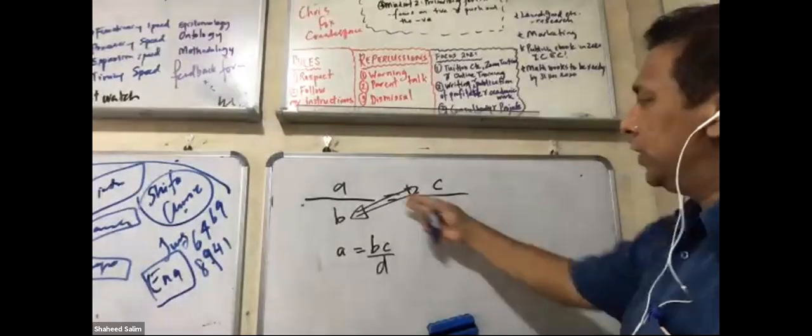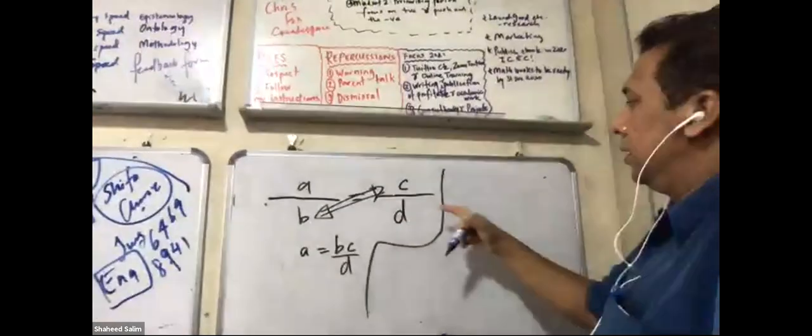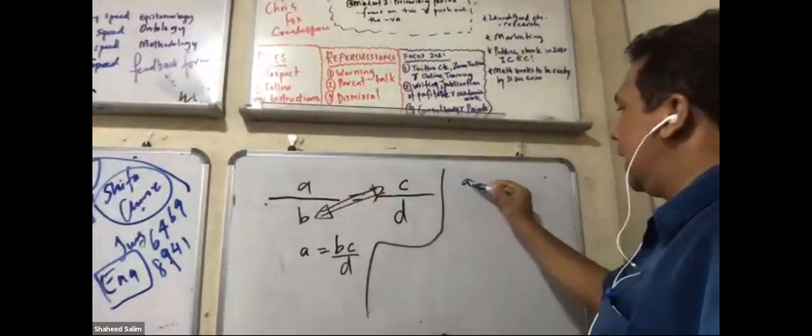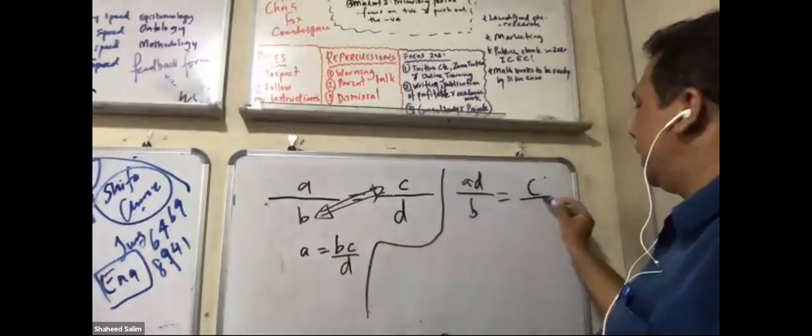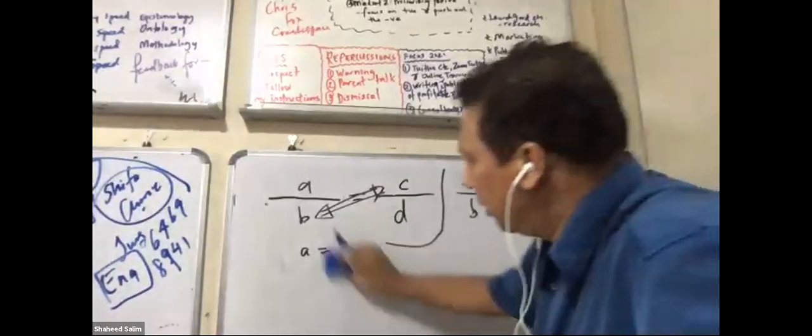Now if I want to move this up there, watch. This one moves up there, AD over B equals to C. Can see now, I already moved it up there. You can move up, you can move down. So watch, I'm going to move up and down.